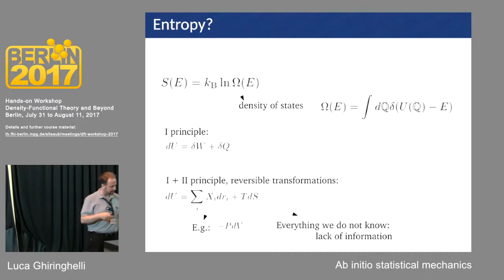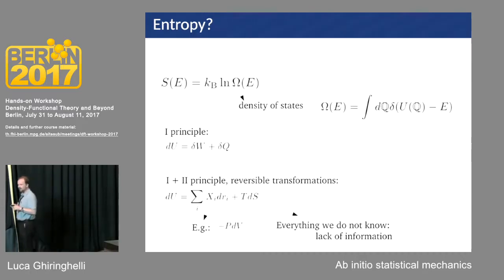Now, the key thing in free energy is entropy, because on the side of energy, you have heard a lot. We are pretty good. The tricky thing is entropy. What is entropy? So this is a slightly provocative slide, or let's say a different way to see something that you have seen for sure in all your basic courses. So this is the definition of entropy in statistical mechanics. It's the logarithm of the density of states multiplied by the Boltzmann constant.